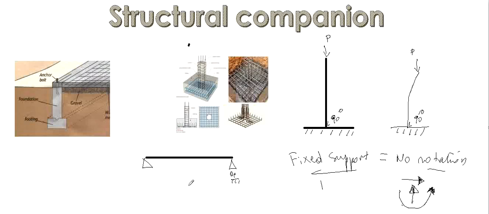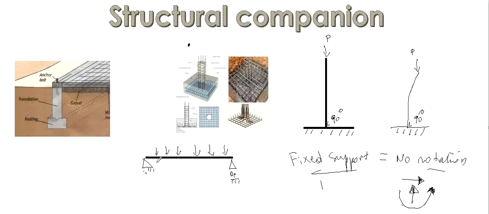This is a hinge support, and this is a roller support. And after applying, let's say we have a load which is applied like this. These are the loads that are applied on this beam.